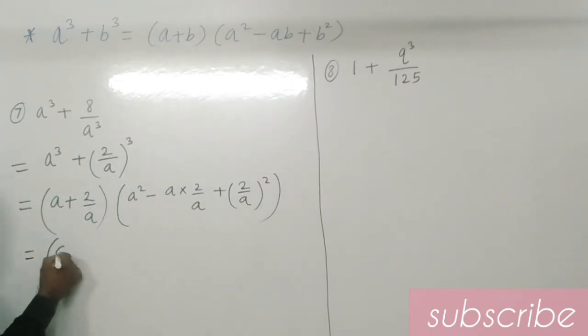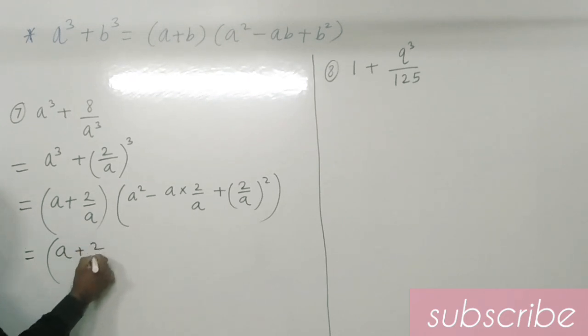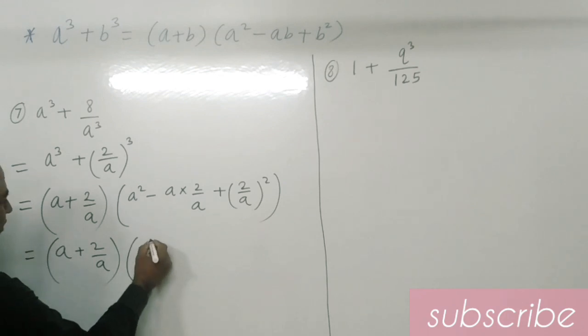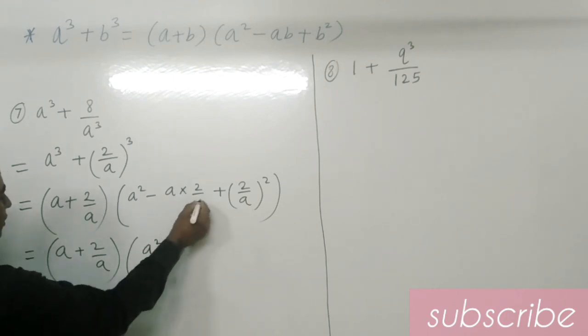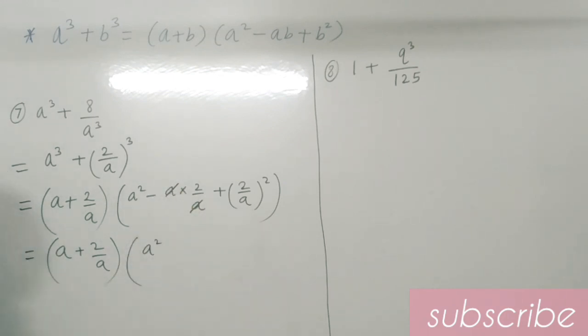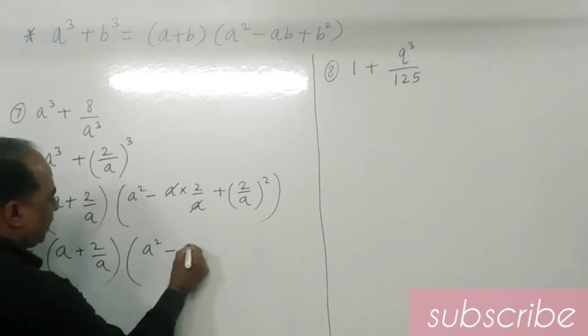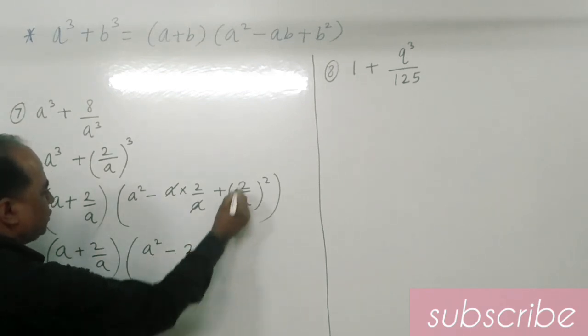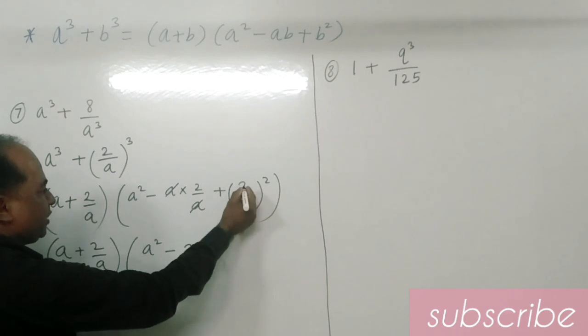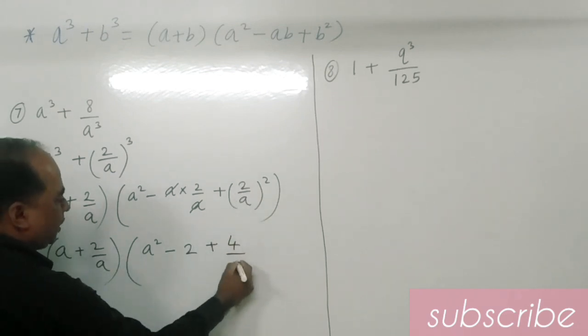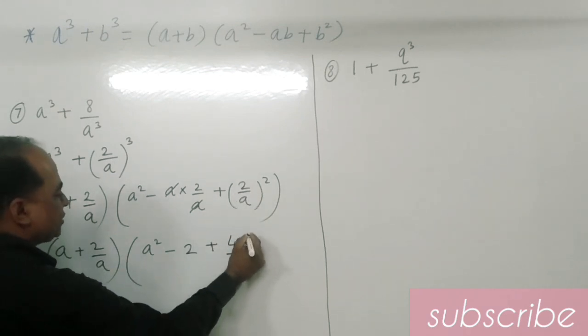Therefore a plus 2 upon a in the first bracket, second bracket a square. Here a will get cancelled from numerator and denominator, minus 2, plus 2 upon a bracket square, 2 square is 4 and a square upon a square.